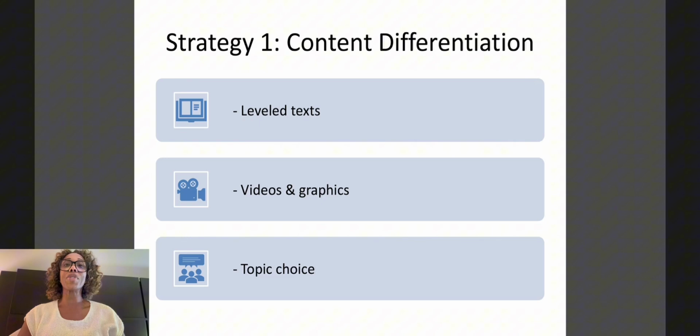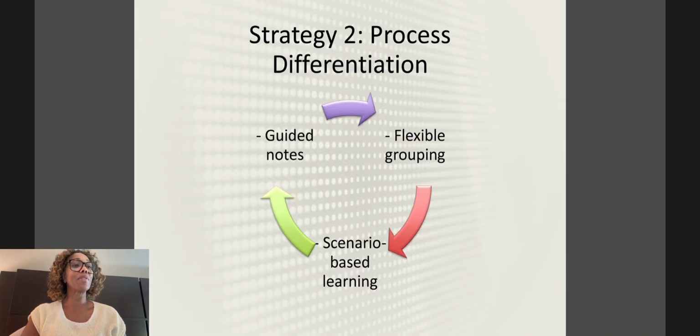This might mean using leveled text, videos, or visuals so students receive the same concept, but perhaps in a different format. Second type of differentiation is process differentiation. Process differentiation focuses on how students interact with content, whether it's through grouping, hands-on activity, or guided support.